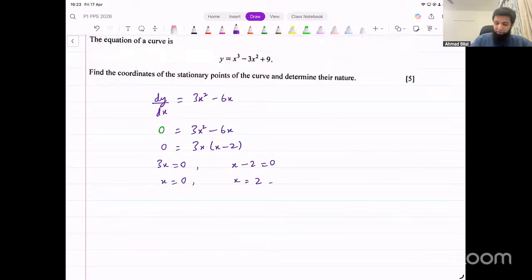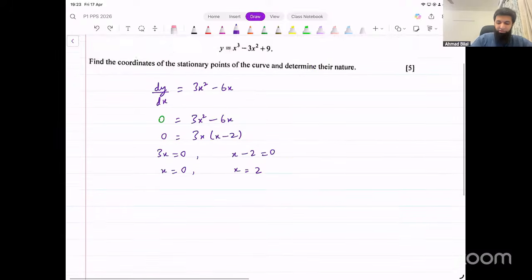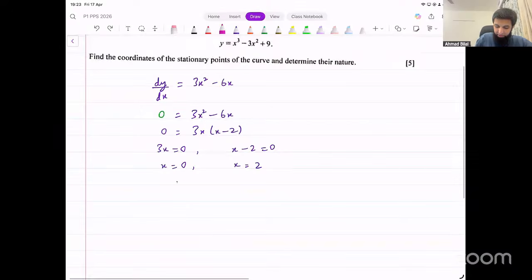Now what we do is we put them back in the original equation to find the corresponding y coordinates. Let's see what they turn out to be. y equals x cubed minus 3x squared plus 9. That's the curve. Input x equal to 0 in this, and that gives you 0 minus 0 plus 9. The y value turns out to be 9.